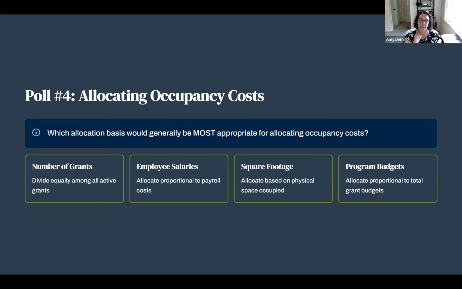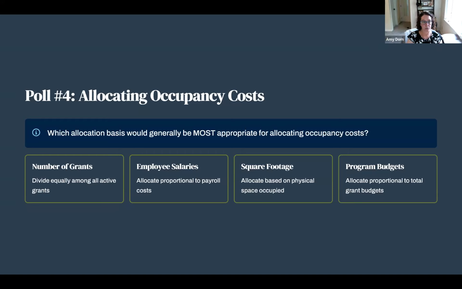So they can use the method as long as it's supportable. Maybe using FTEs doesn't drive as much indirect cost to their Head Start dollars as using square footage does, because they may have a good sized footprint in child caring centers. But using FTEs is still a perfectly appropriate method for them to use.